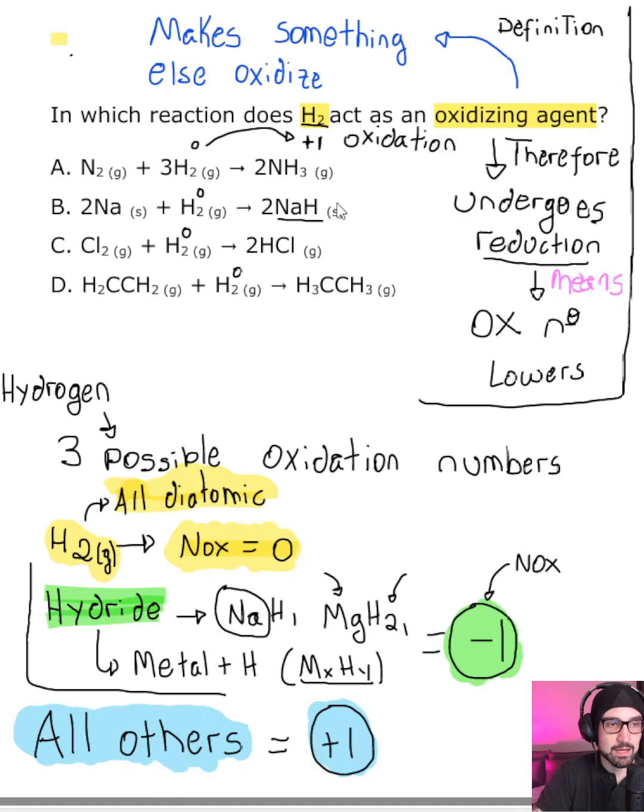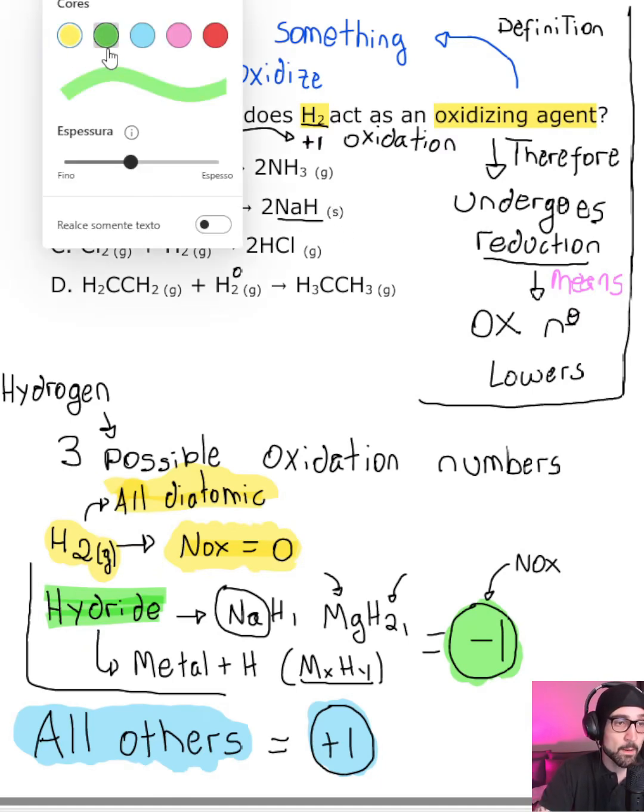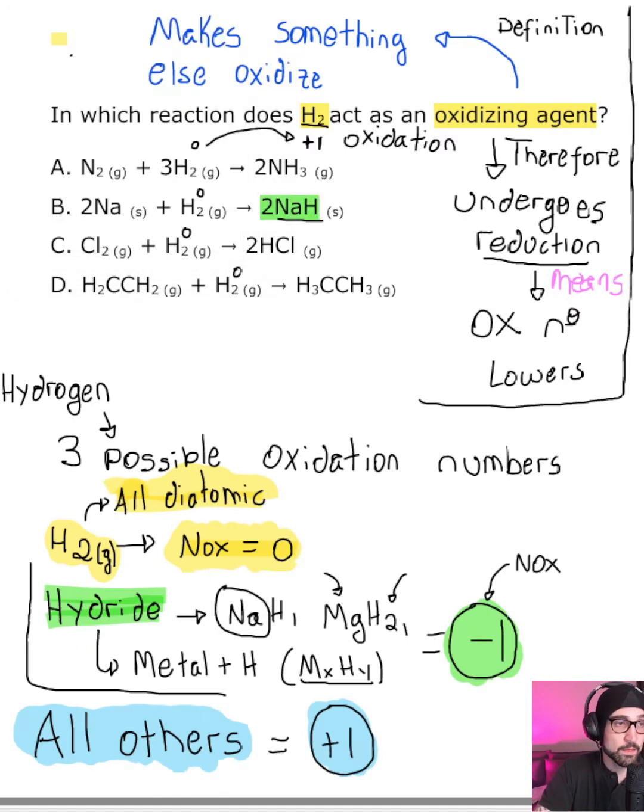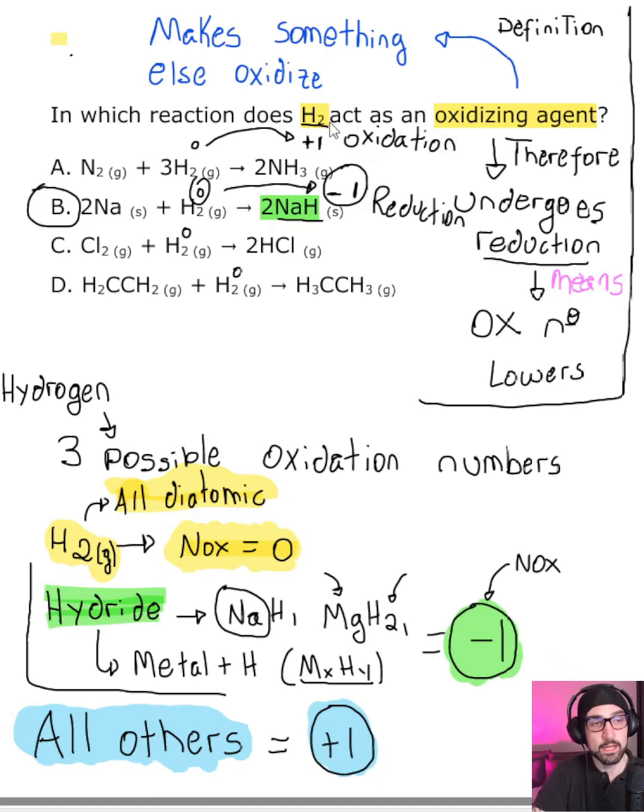So because this is a hydride, I'm going to highlight it in green, the oxidation number of hydrogen is -1 here. So it's going from 0 to -1. It is decreasing its oxidation number. Therefore, this is a reduction process. Alternative B, okay? Hydrogen, H2, is undergoing reduction in alternative B.